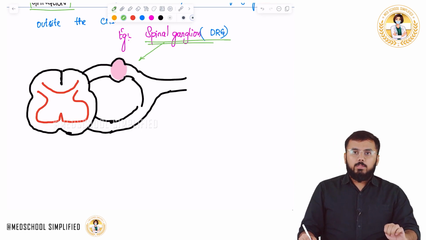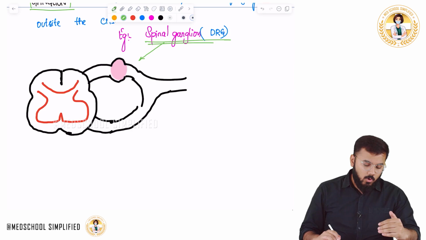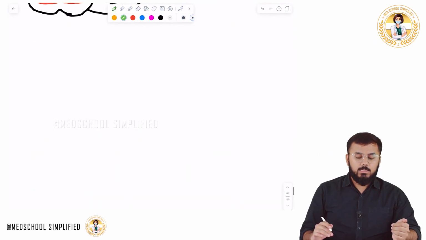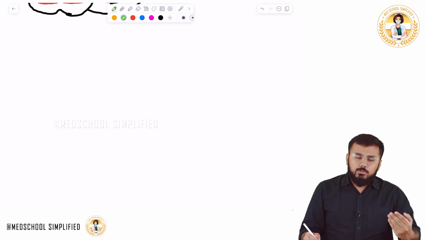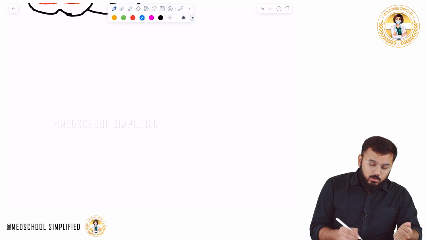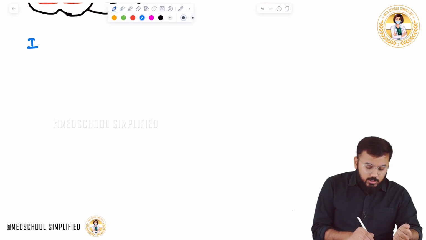Next important thing is to see what are the different kinds of nuclei located within this basal ganglia. There are many different ways you can classify the basal ganglia. We will discuss them one by one. So let us discuss basal ganglia classification type 1.